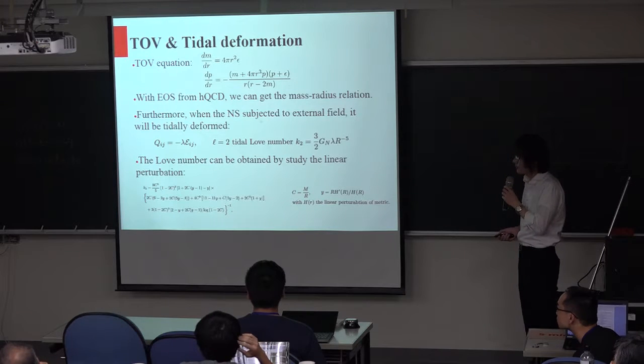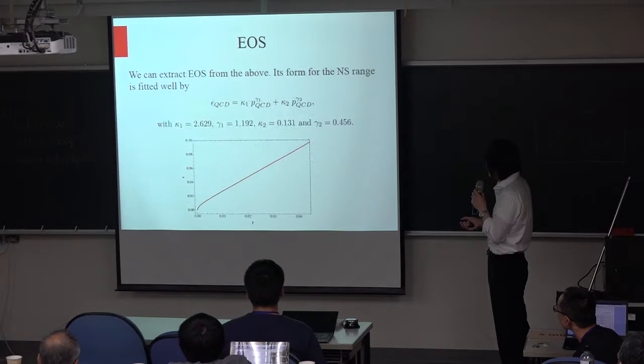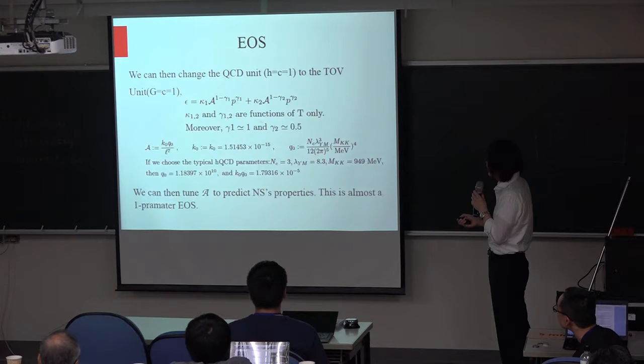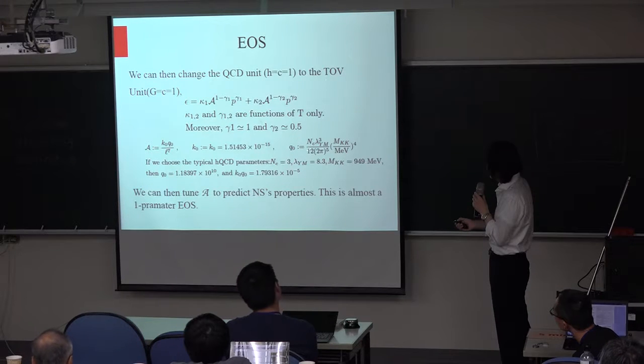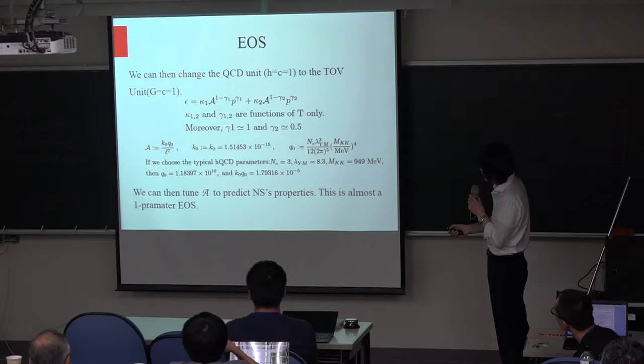What's the meaning of this A? From the QCD unit everything is determined, but when we change to the TOV unit, A is some combination of these parameters.